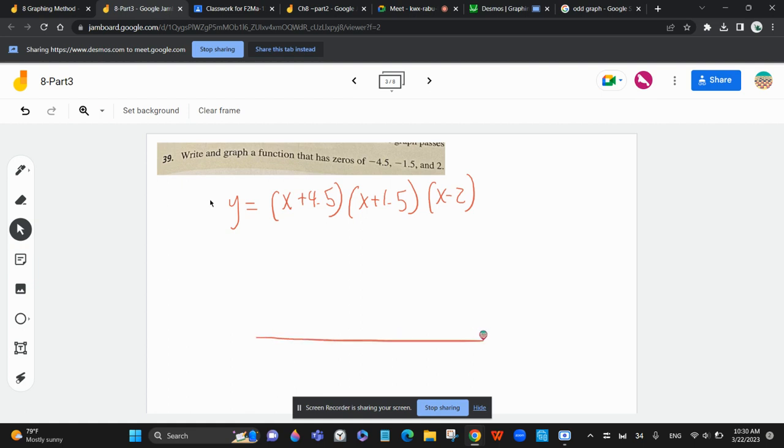So to graph this one, let me demonstrate it. Okay, so to graph this one, let's see. So plug in this: negative 4.5, negative 1.5, this is 2. And then you see that this function will be passing through all of these points, right?